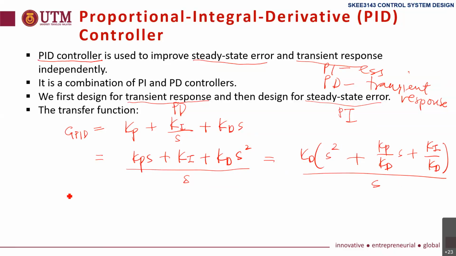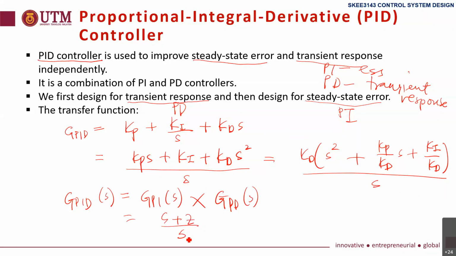So we can also view G_PID like this, which is PI times PD. We know PI is (S plus Z) over S. That is PI, where Z is small. Then PD is just S plus Z. I call them Z1 and Z2. For PD, we add another zero, and we multiply with K again.